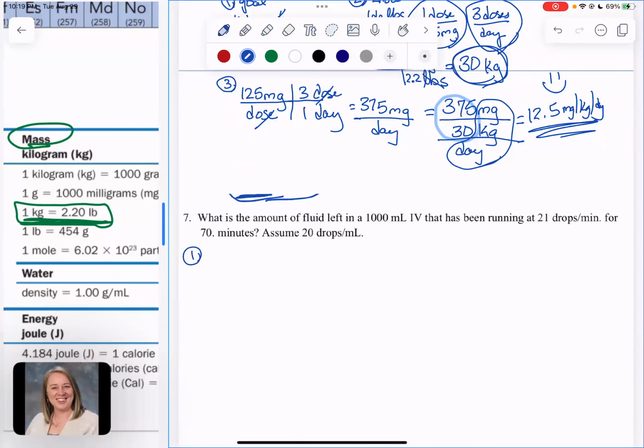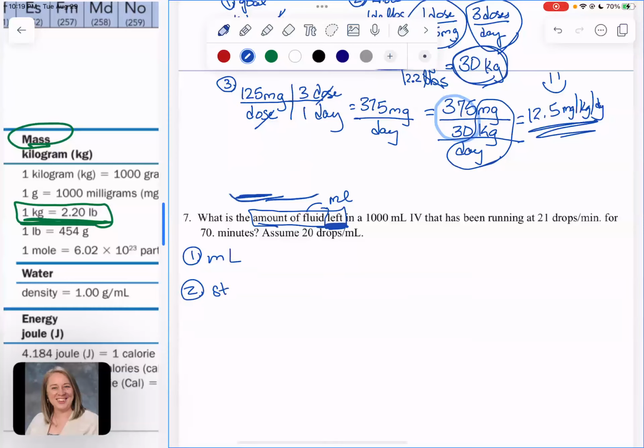What is the amount of fluid left? So if I'm talking about amount of fluid left, what unit is that going to be in? That unit is going to be in milliliters. Okay, that's my unit. But be careful, this is kind of a weird one because it's asking what is the amount of fluid left?